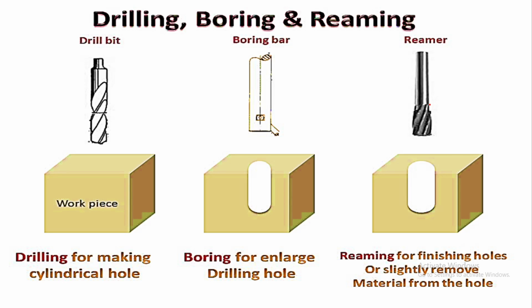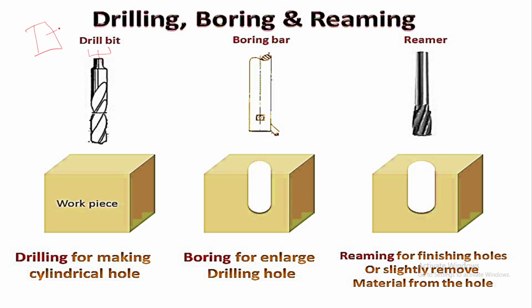So next I'm going to compare what is the basic difference between drilling, boring and reaming operation. In the drill bit, the shank portion will be engaged with the spindle, especially the chuck. A chuck will be mounted on the spindle. The spindle will be connected to the motor.